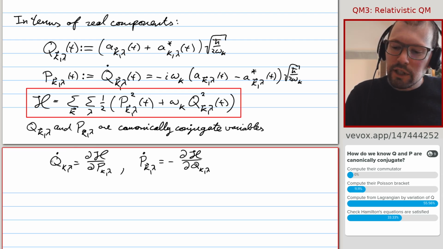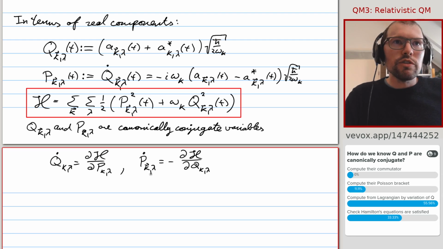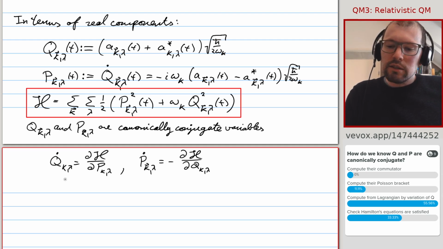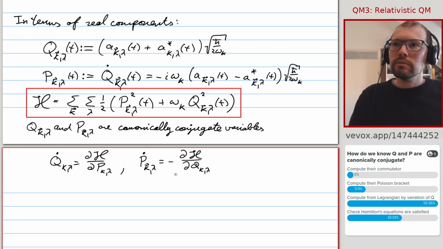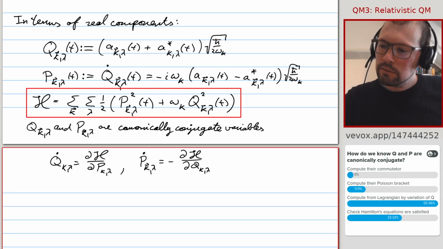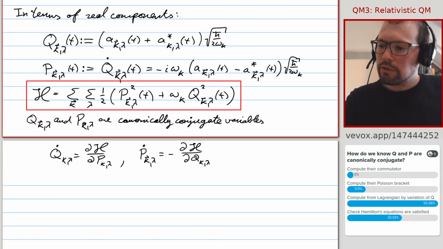If you know the definition of the momenta, then these would really be the equations of motion for the positions, if I would substitute again the momentum for the derivative of Q. And indeed you can check that this is satisfied. So really this equation of motion gives you back the wave equation. So this implies that these are really canonically conjugate variables.